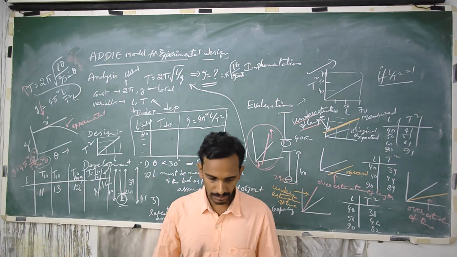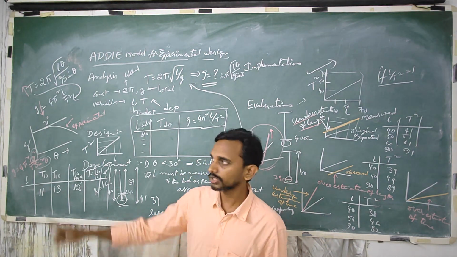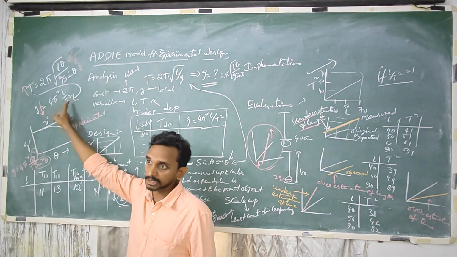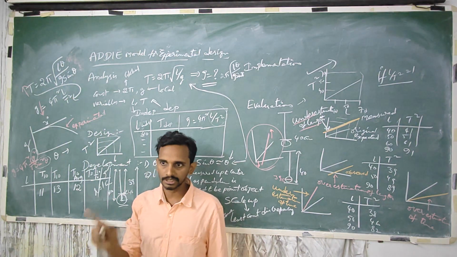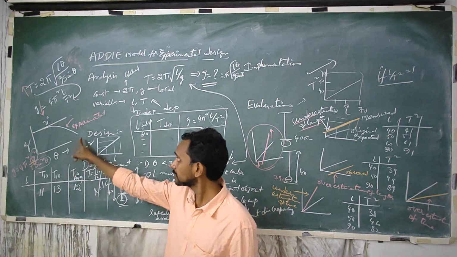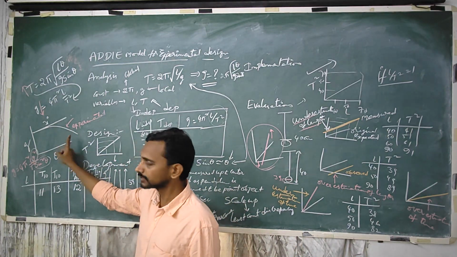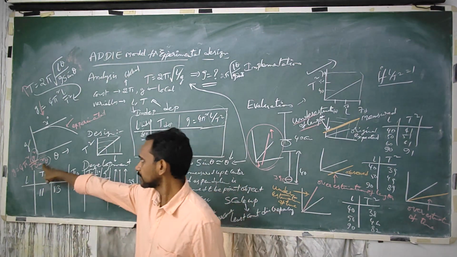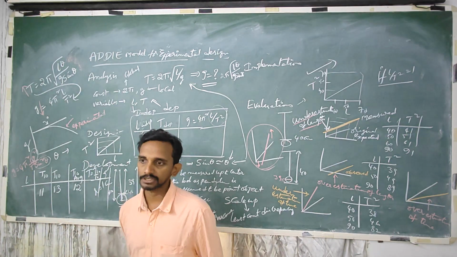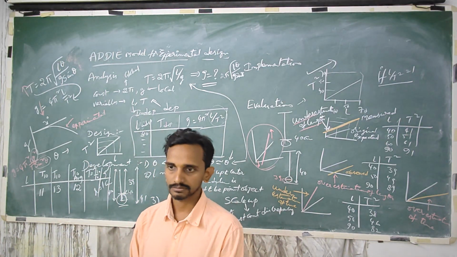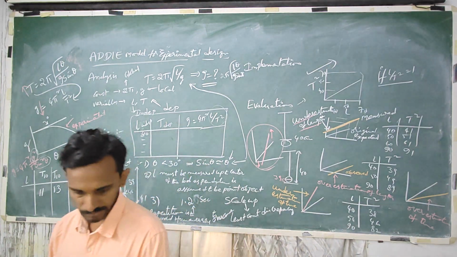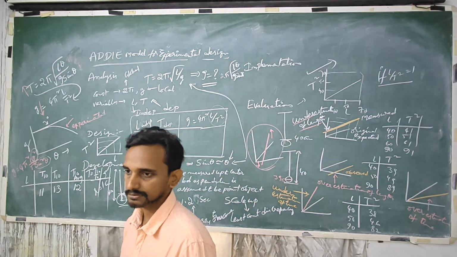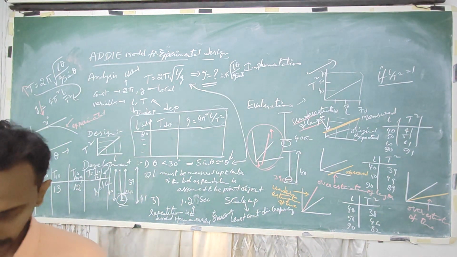So that must be clear. You are not measuring g, you are measuring the time period and calculating g. So when you do the experiment, the g value reduces for larger values of theta, and if you see the formula, the g value increases with larger values of theta. With that, the ADDIE model for experiments is over. You can design any experiment by taking any other equation.